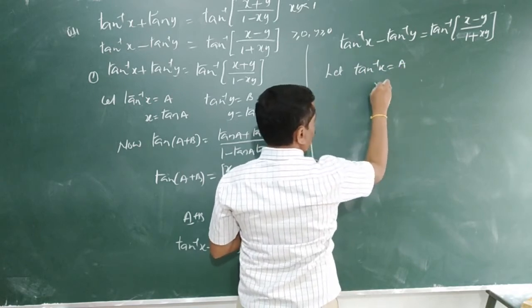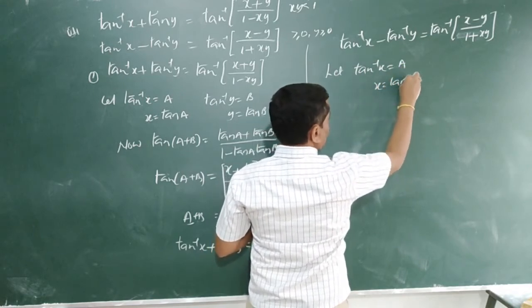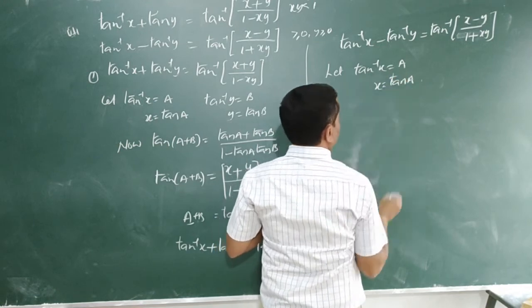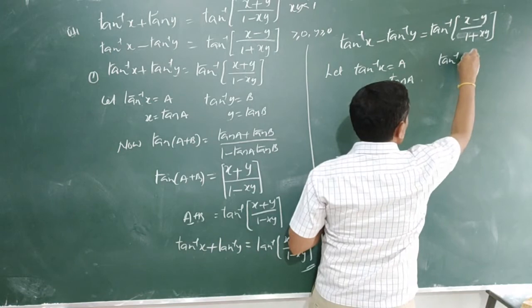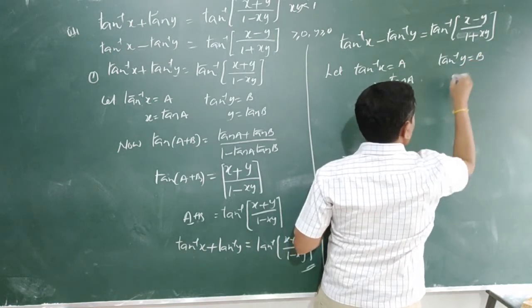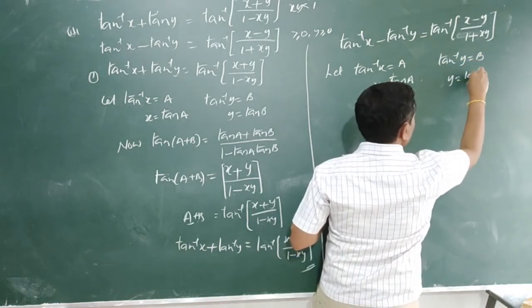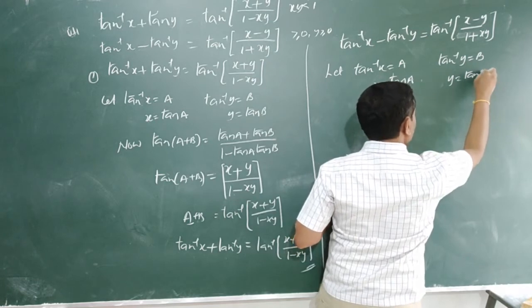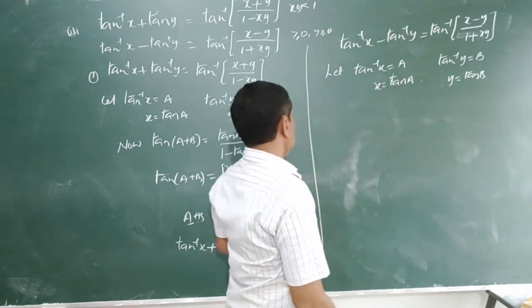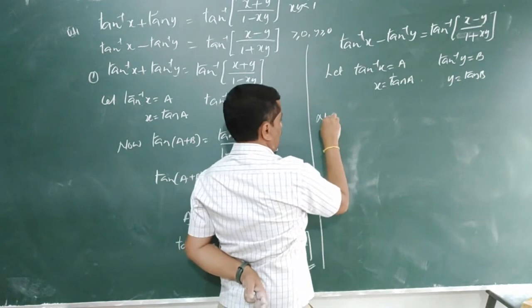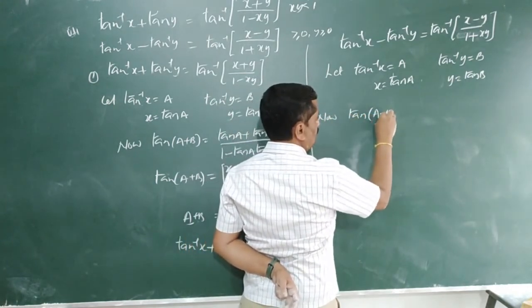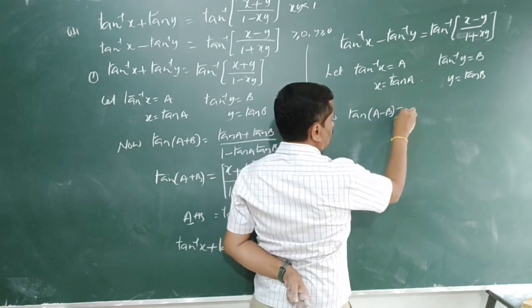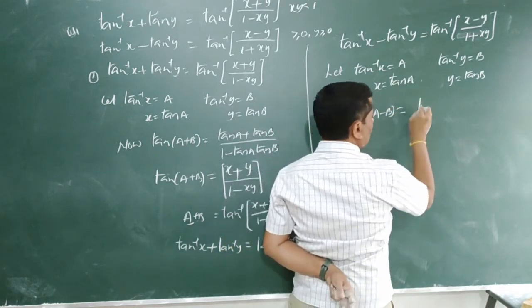Therefore x is equal to tan a. Similarly, tan inverse of y is equal to b. Therefore y is equal to tan b. So now we have tan of (a minus b) is equal to the formula.